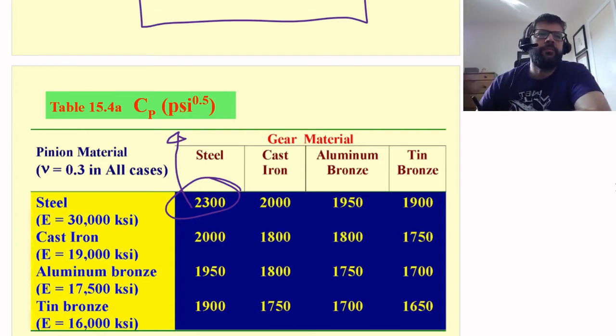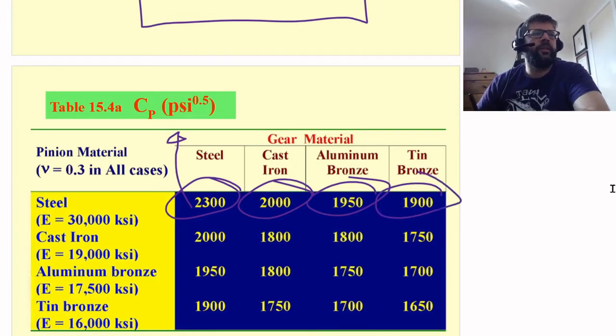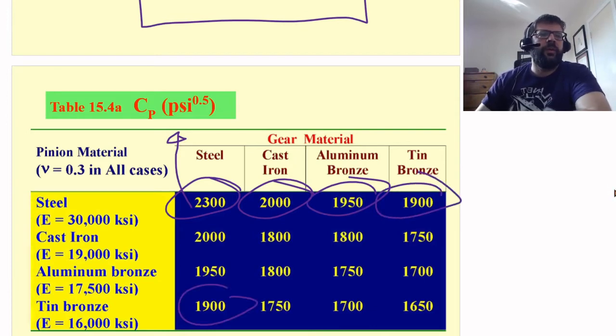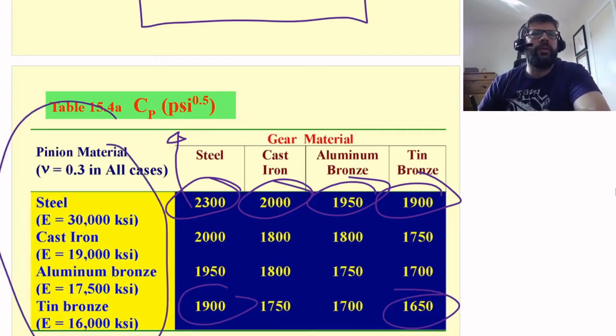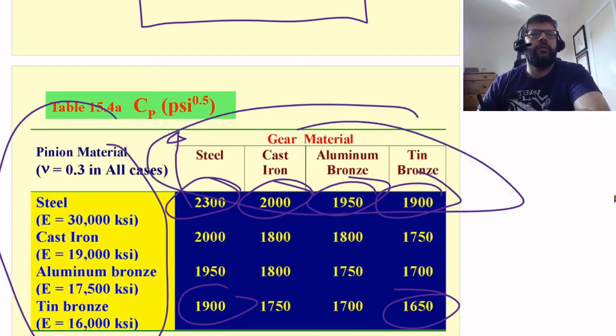So we've got steel on steel, steel on cast iron, steel on aluminum bronze, steel on tin bronze, tin bronze on tin bronze, and so on and so forth. This is for the pinion, this is for the gear.